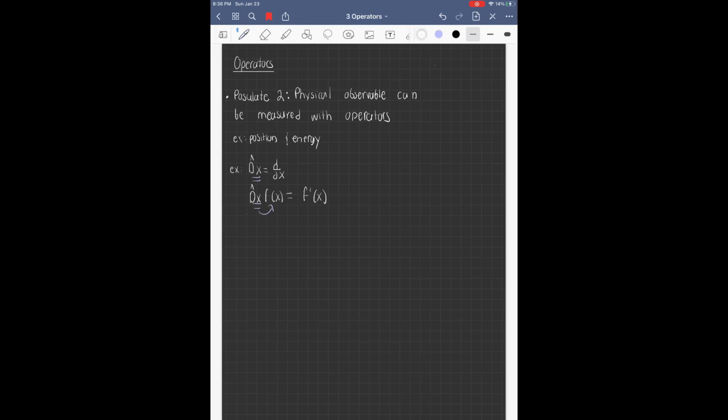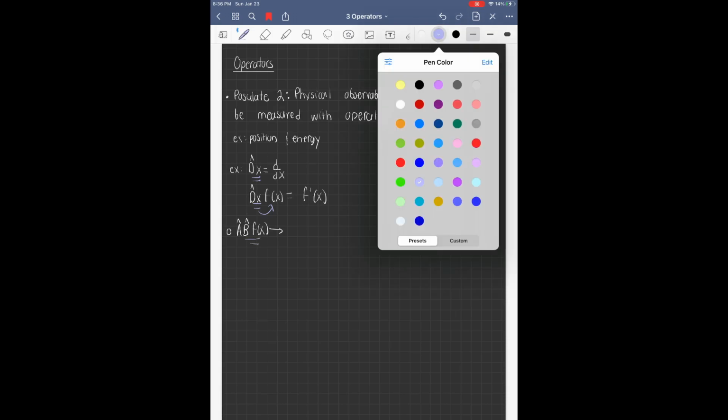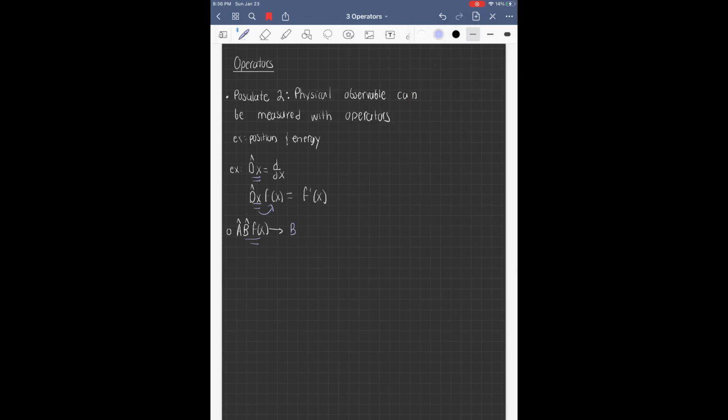And the thing about operators is you can apply two operators on something. So let's just say we have an arbitrary operator A and operator B, and it would operate on f of x. What we have to note is B operates on f first. B operates first.